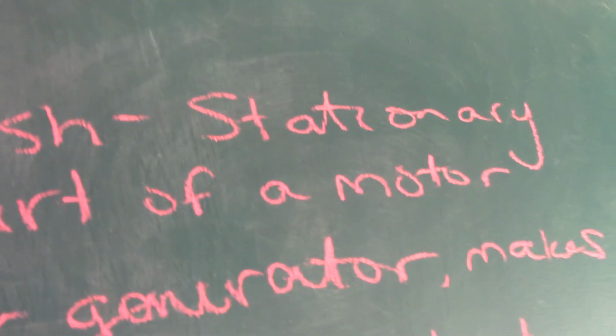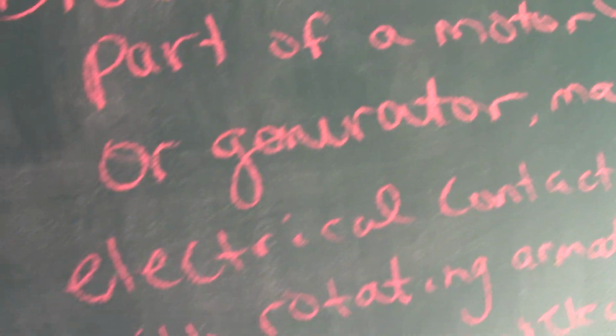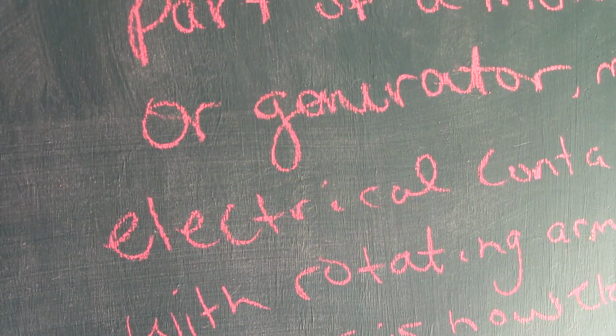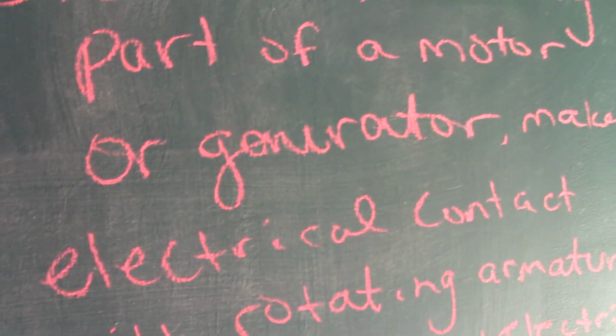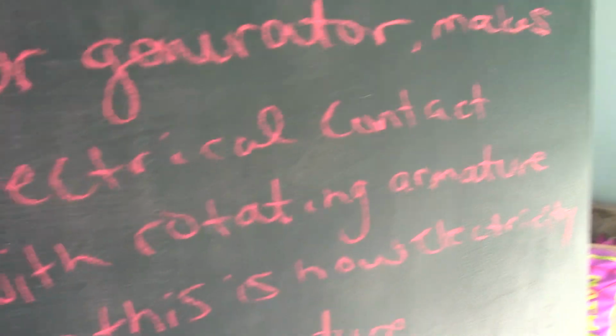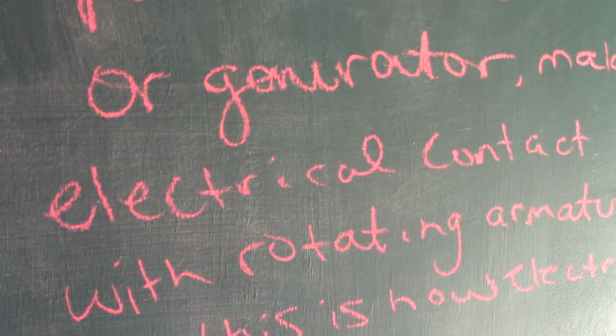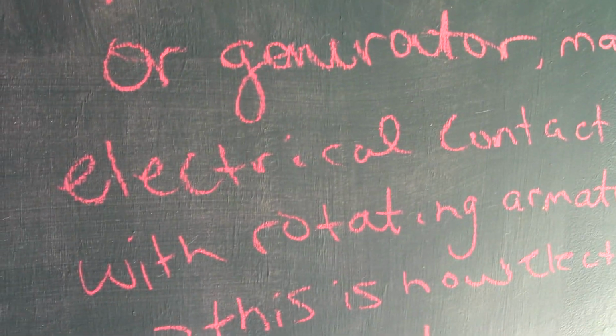Okay, so a brush is the stationary part of a motor or a generator. So that's the point of electrical contact. The way the electrons move inside or out of the armature is through that brush. So if there's a power source coming in to move the coil and the armature, then electrons will be transferred from there.